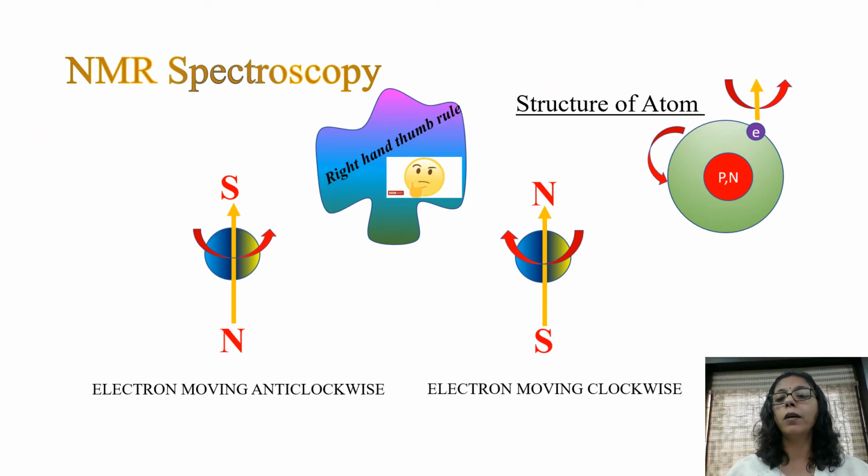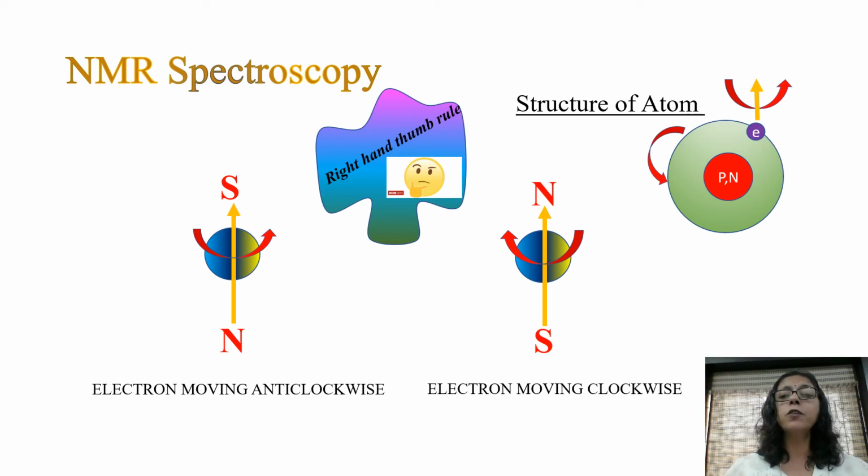Let us move on to certain basics of NMR spectroscopy. Before you understand how the nucleus spins on its own axis, you need to have a general idea about how the electron spins. Do we all know that the electron not only moves around the nucleus in circular orbits, but it also spins on its own axis?